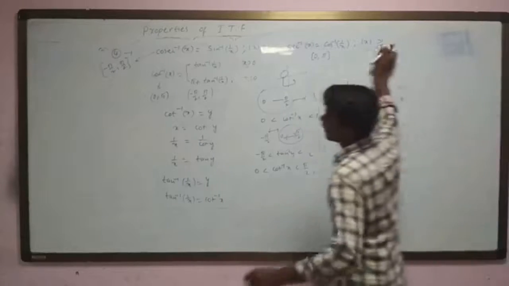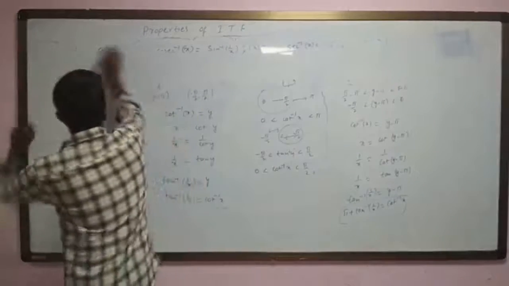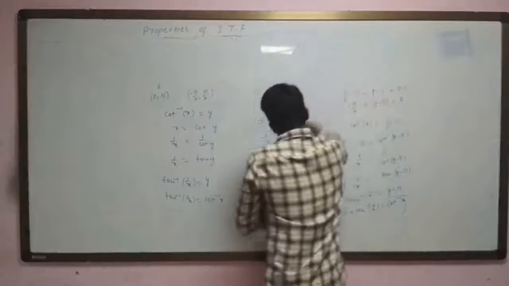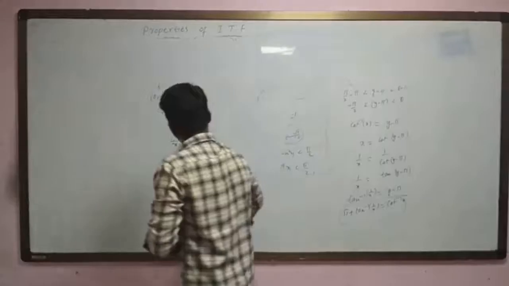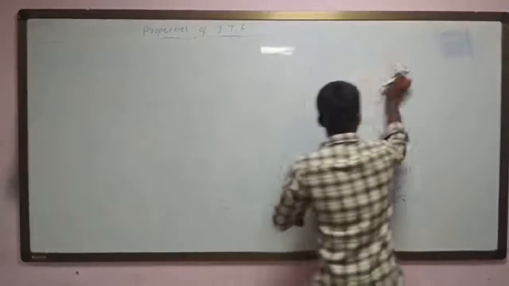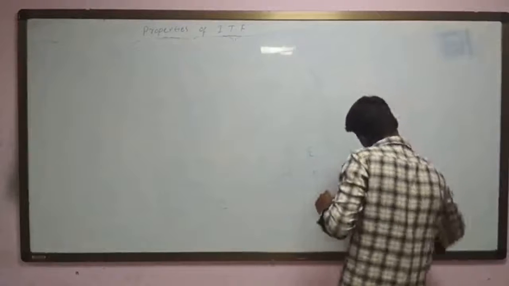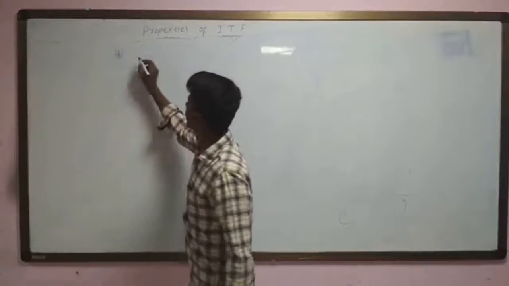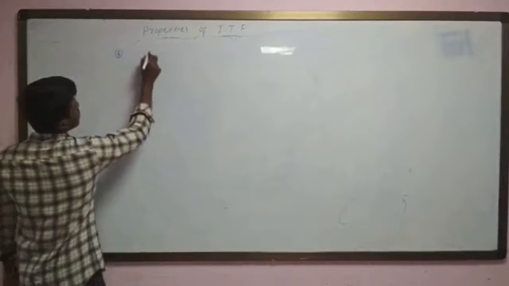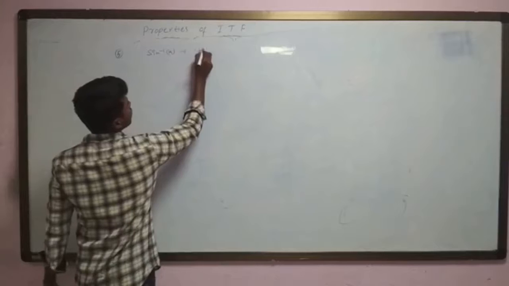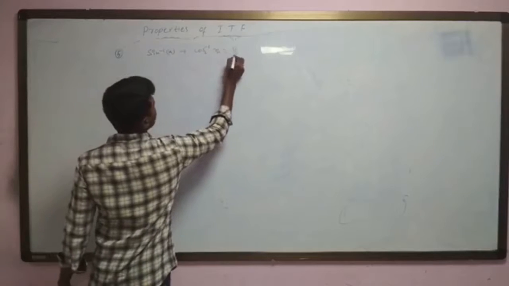Next, property number 5. Sin inverse x plus cos inverse x equal to pi by 2.